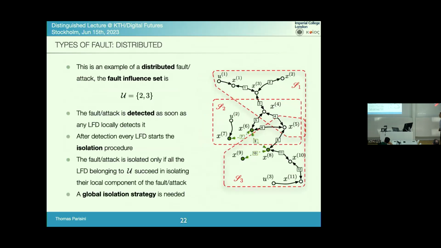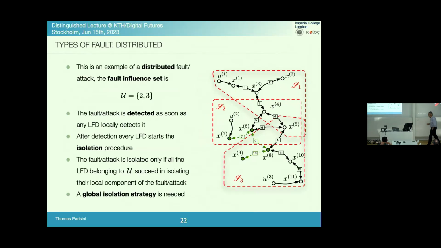But clearly, faults might be distributed instead. So a fault might affect state variables that belong to a shared part here. And for example, in this case, you see that the fault is going to affect a number of state variables that cross the boundaries of two subsystems, okay?